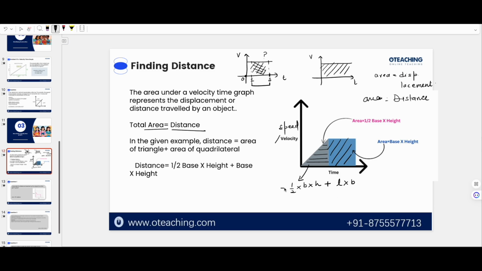That will give me the total area under the curve, and that will give you the displacement. Please ignore what is written here in the PowerPoint presentation. The total area gives you displacement if it is a velocity time graph. If it is a speed time graph, then it will give you distance.